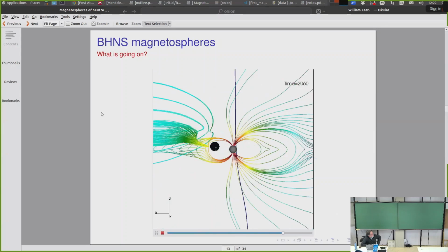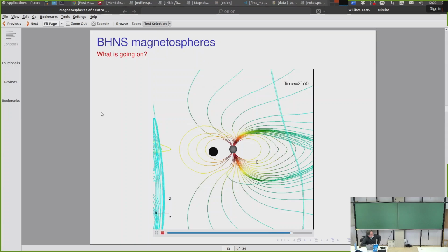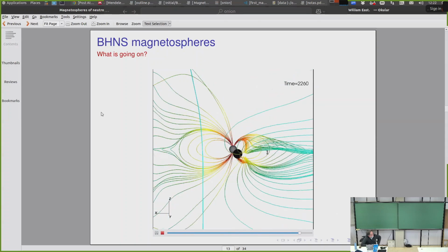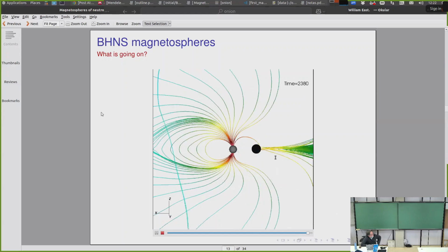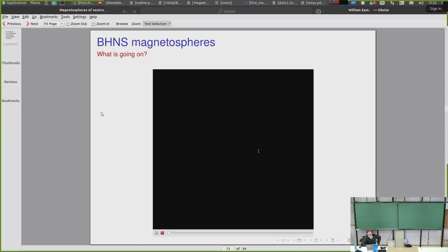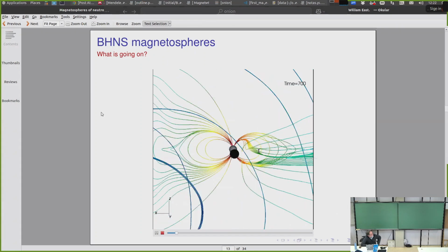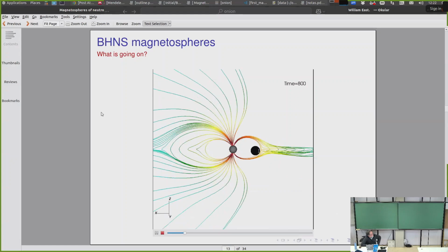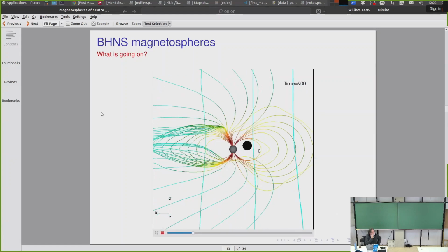As you can see, as the black hole passes by, it highly distorts some of the magnetic field lines, producing these huge reconnection events. Magnetic field lines produce kind of current sheets, as we saw in the pulsar cases.